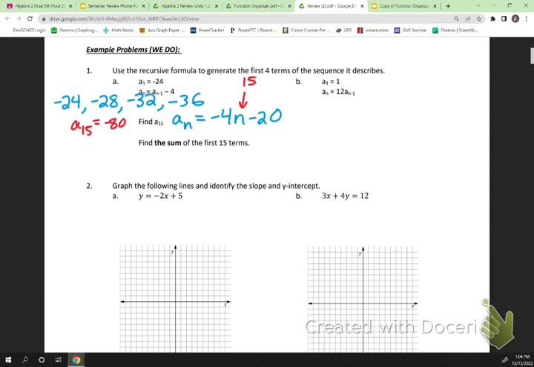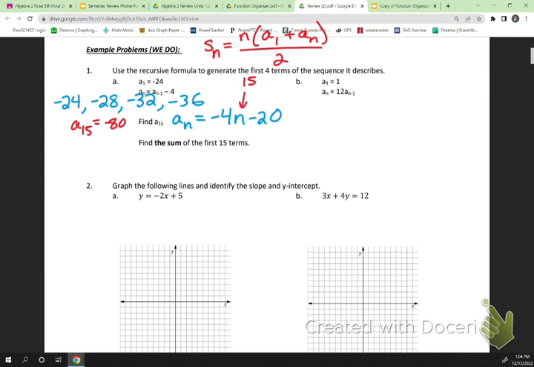Actually, now I have to find the sum of the first 15 terms. So again, S sub n is the number of terms times my first term plus my last term, all divided by 2.